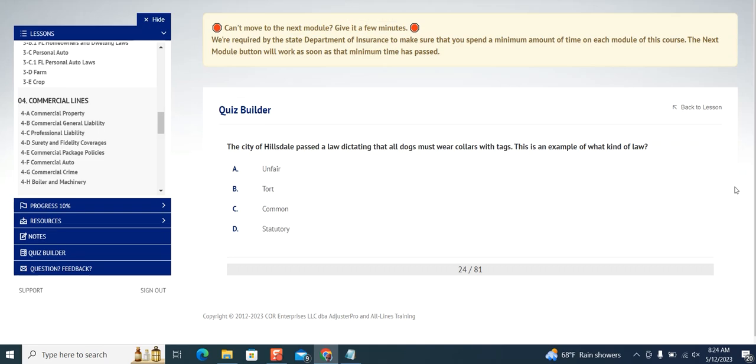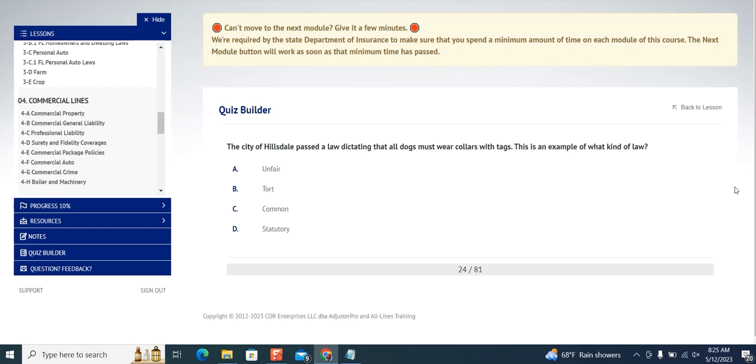That's all good though. The city of Hillsdale passed a law dictating that all dogs must wear collars with tags. This is an example of what kind of law? Oh my God. An unfair law? I bet it is, but that ain't the answer. Tort, I don't even know what it is. It's either common or this S word, statutory, I guess. What's common law? Common court law.